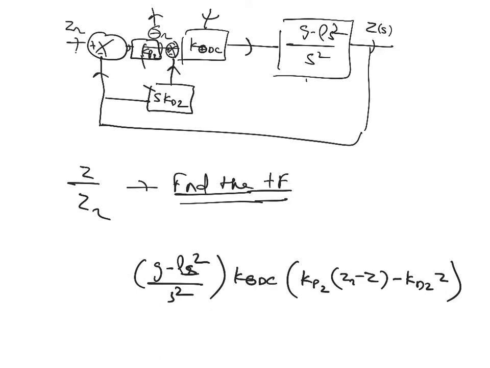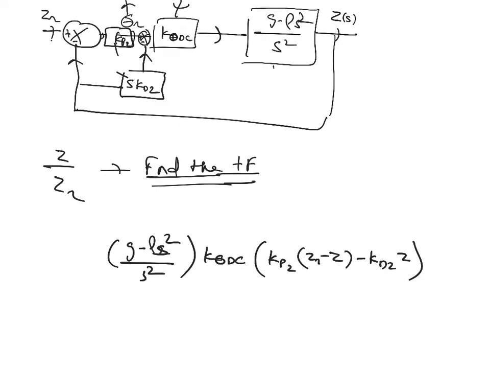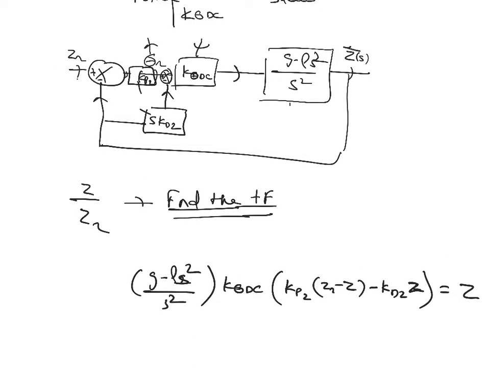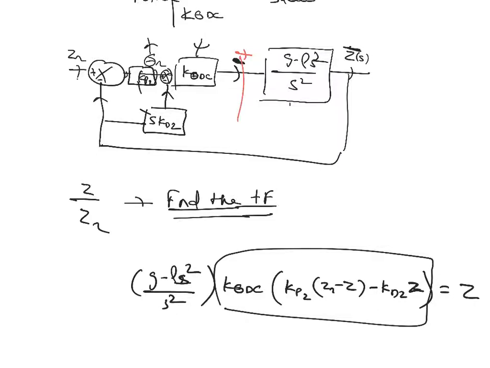And that whole thing is equal to Z. That's what we get out here, right? So this thing is equivalent of what we are getting here, right? The term, so this is the term. So the error multiplied by KP, plus S KDZ, oh sorry, I need to multiply S here.